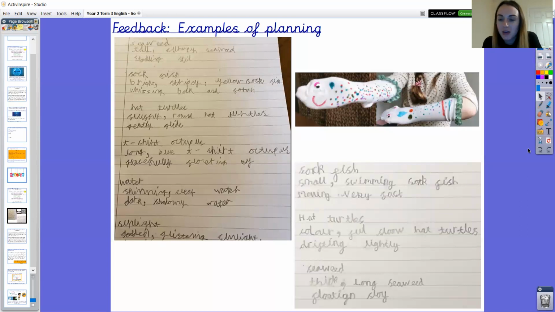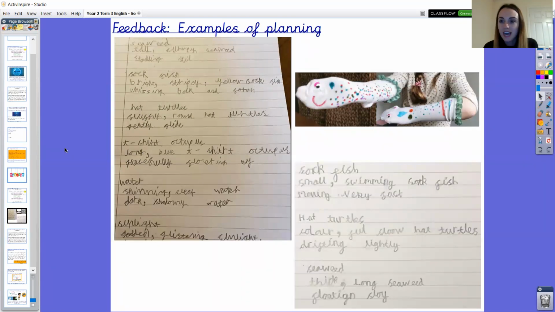So I'm going to share with you some writing from yesterday. Let's have a look at this first example. It says, bright, stripy, yellow sockfish whizzing back and forth. Fluffy, round hat turtles gently glide. Long blue t-shirt octopus gracefully floating by.